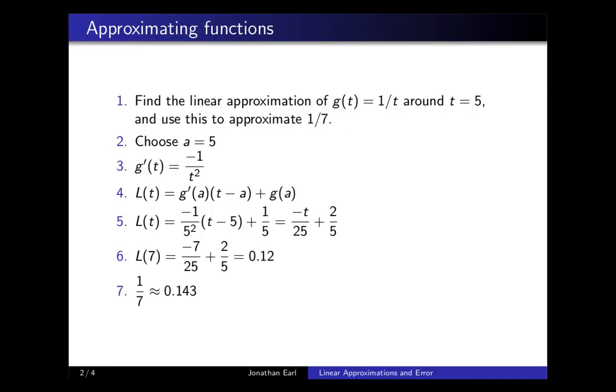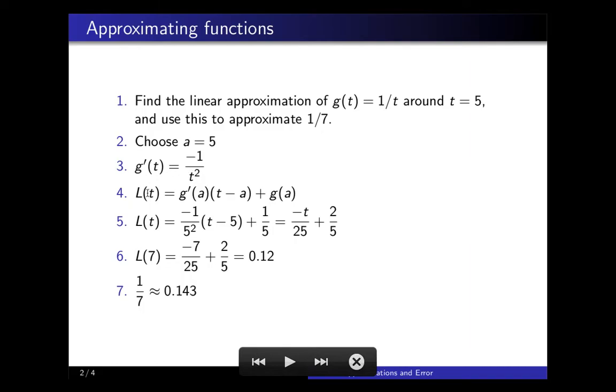Okay, for our second example, suppose that we want to find the linear approximation for g of t equals 1 over t at t equals 5, and then we'll use this to approximate 1/7. As before, we'll find our tangent line expression around 5. We get that g prime of t is minus 1 over t squared.